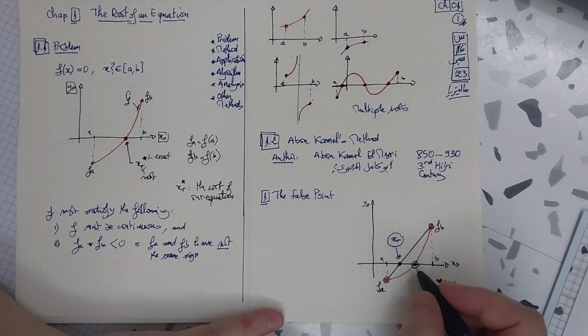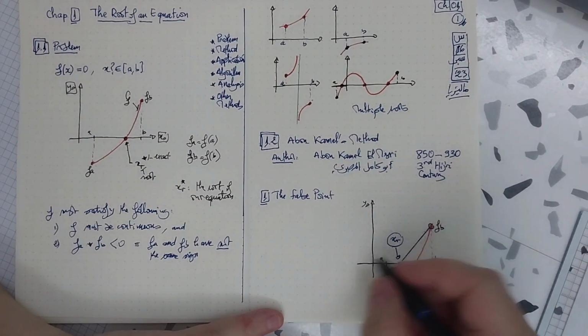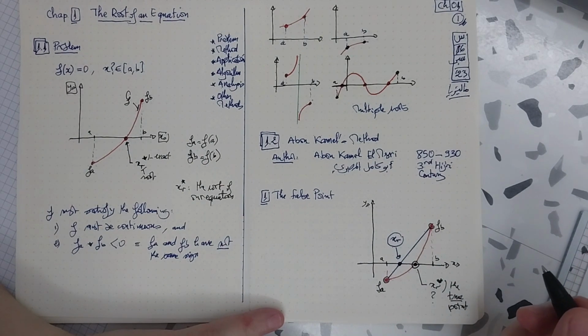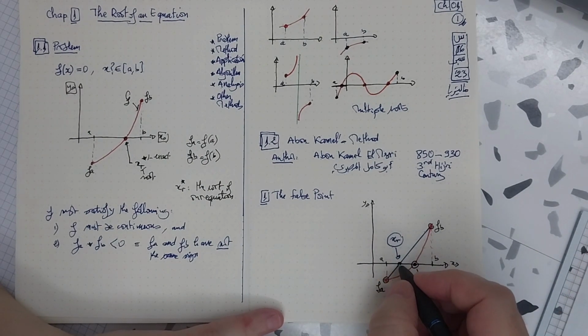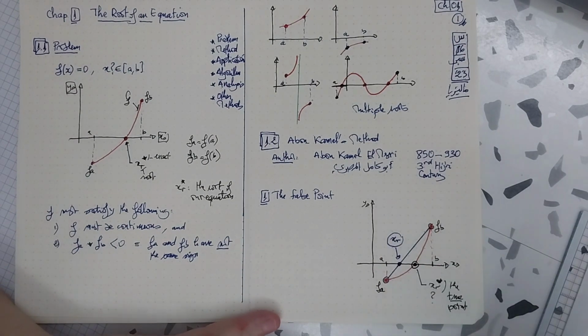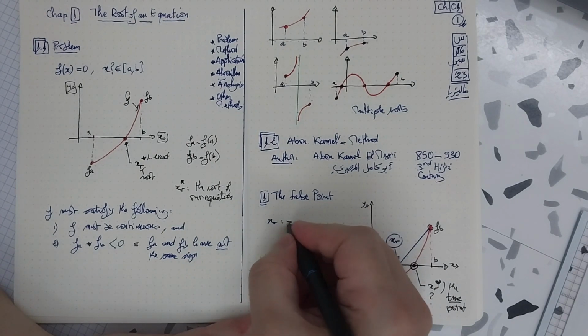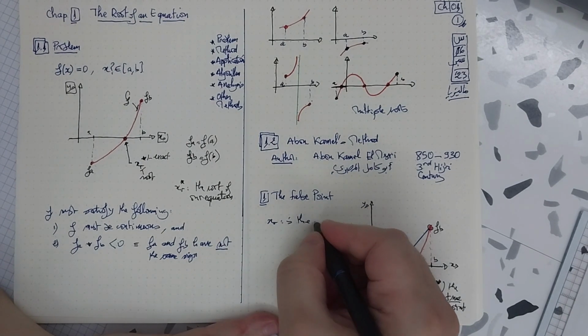The true point, we don't know how to calculate it. If we knew the true point, we would not do all this, of course. But the false point is very, very easy to calculate. So let's write here XR is the false point.